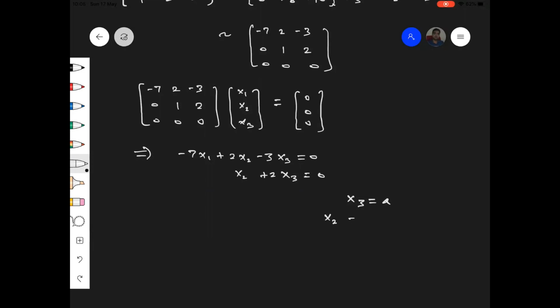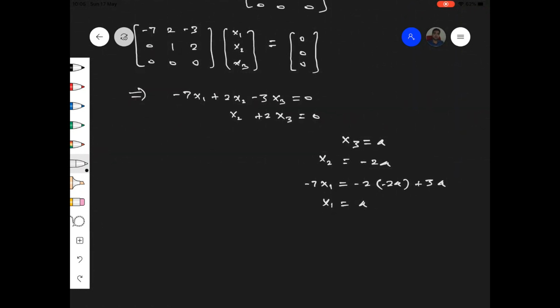So by the choice of x3 as a, we can have the value of x2, which is going to be -2a, and the value of x1 we can determine by putting the values of x2 and x3 in equation 1, and it is going to have the value x1 equals a. So we got the solution of this system of linear equations, and that solution is in the form of a vector: a, -2a and a.